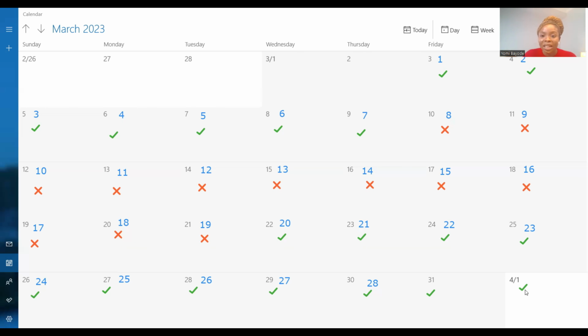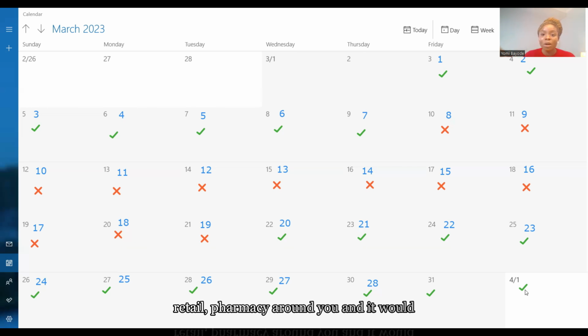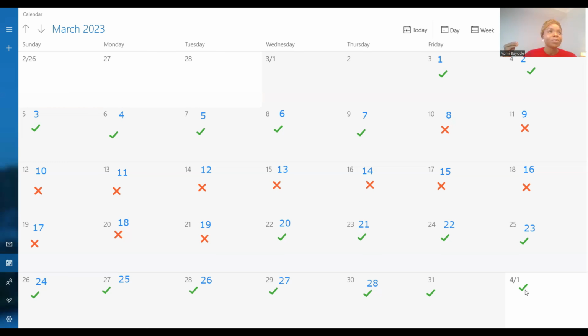You can buy a calendar in the market and track it manually by yourself. Also, you can try to get ovulation kits. There are ovulation kits in various pharmacies. You can buy from CVS pharmacy or any retail pharmacy around you, and it would help you to know when you are ovulating, so you can know that's your fertile period and you should abstain from unprotected sex for that period.